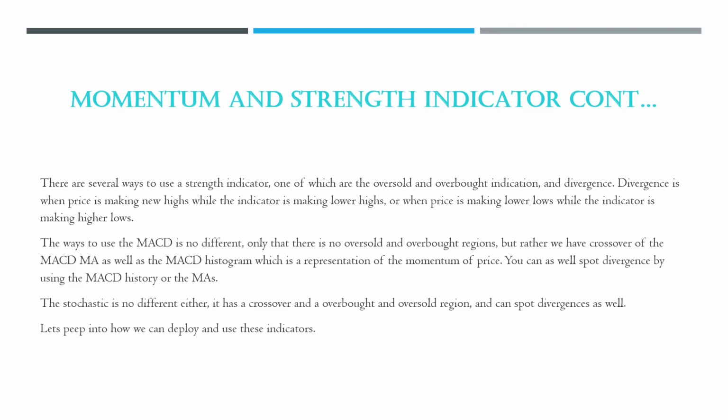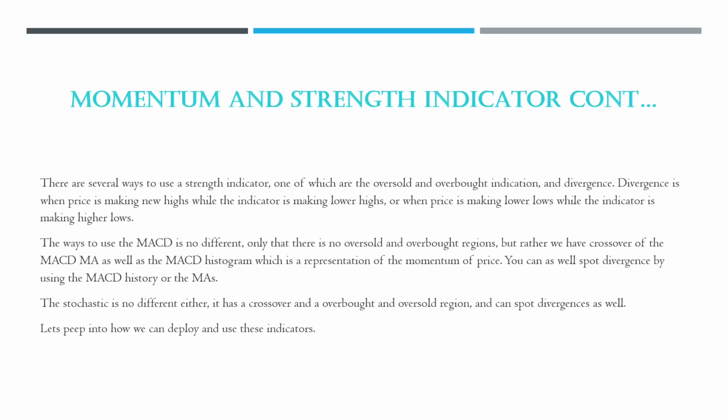The ways to use the MACD are not different, only that there are no oversold or overbought regions, but rather we have crossovers of the MACD moving average as well as the MACD histogram, which is a representation of the momentum of price. So MACD acts as both a histogram and its own moving average.